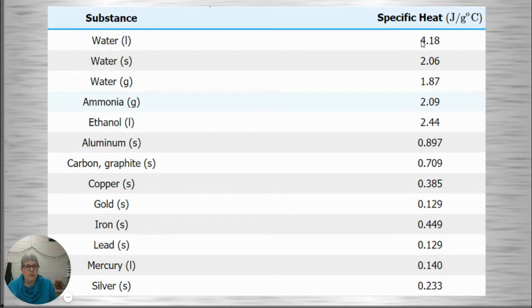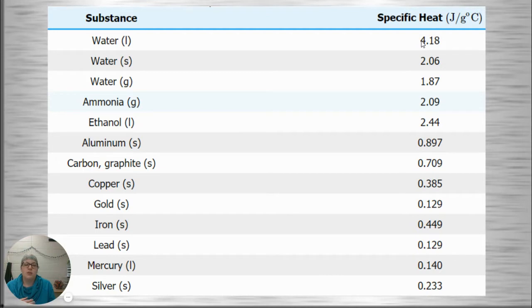The one you always see at the top of the list for high specific heats is liquid water. Water in its liquid form has a very high specific heat, much higher than a lot of different things, and its specific heat is 4.18 joules per gram degree Celsius.